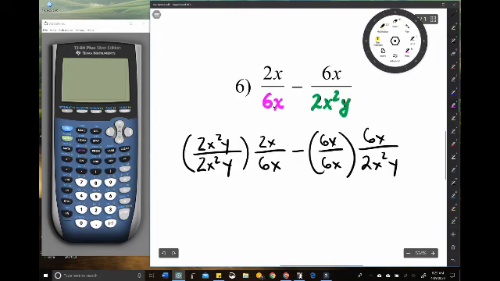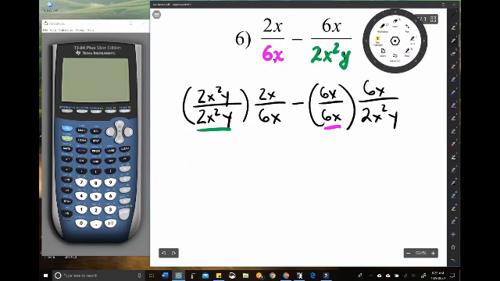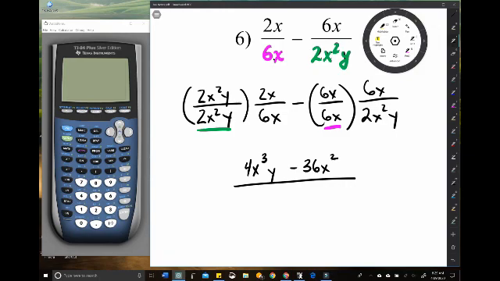So again, second fraction is just a switcheroo of what we're multiplying by. Distributing the top is 4x to the third y minus 36x squared all over, and you should get the same thing, 12x to the third y and 12x to the third y.